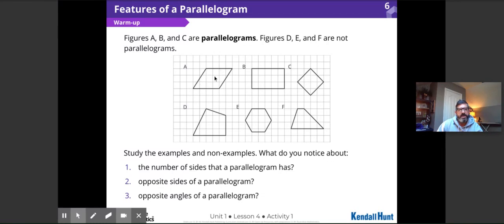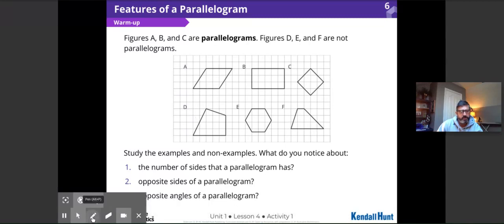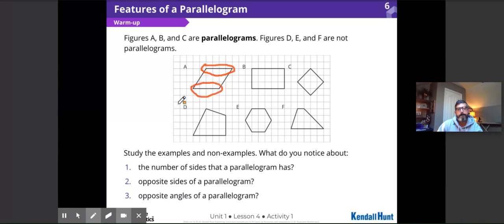What do you see about these opposite sides? If I point to this one here, let me circle it. Maybe that'll make it easier to see. This side right here, what do you notice about it when you compare it to this side right here? What do you see that is alike about those?